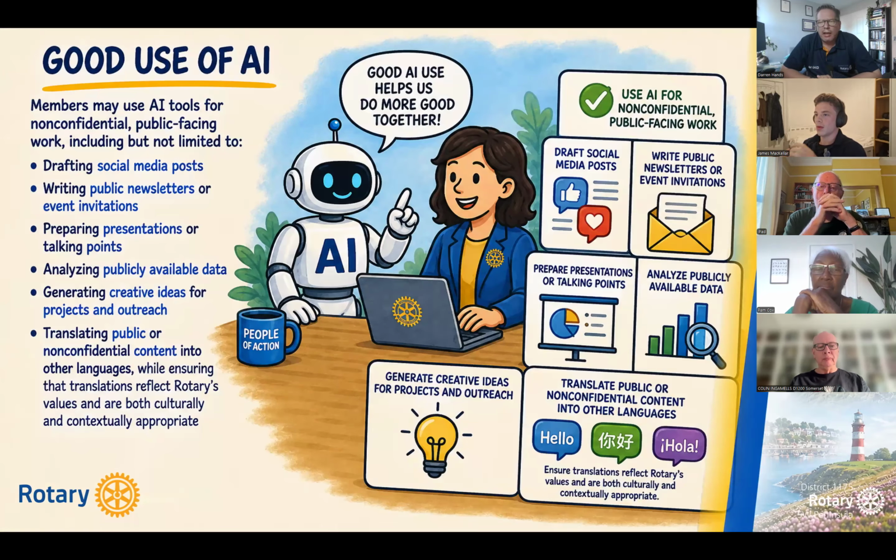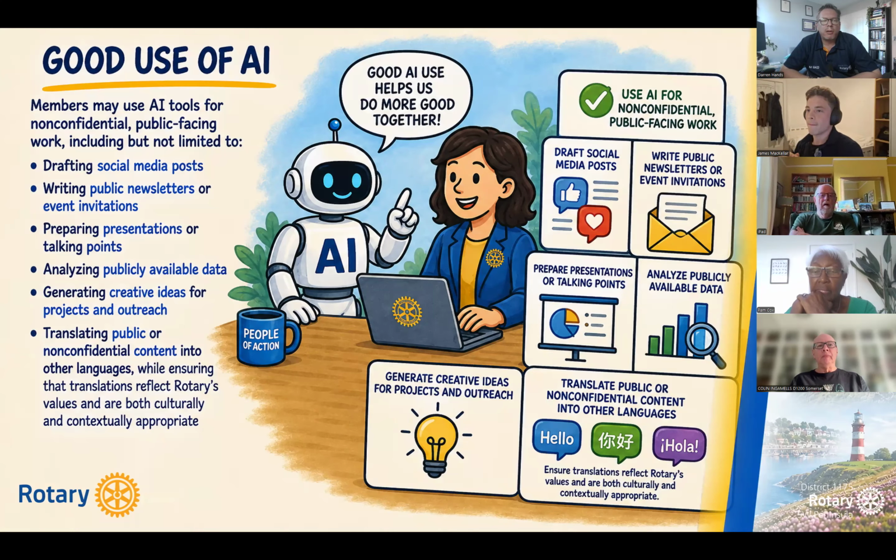The main things, and again, I'm summarising from the guidelines here, and I think James will touch upon this in more detail a bit later. Members may use AI tools for non-confidential public-facing work. So you can use it for social media posts, helping to write public newsletters or event invitations, flyers, helping to prepare presentations, like I've done here today, analyzing publicly available data.